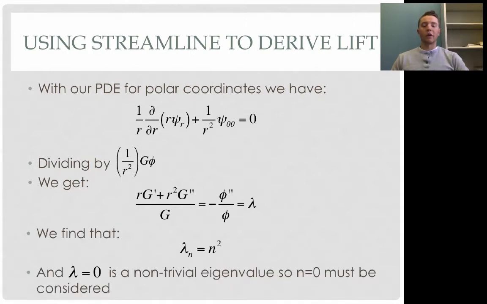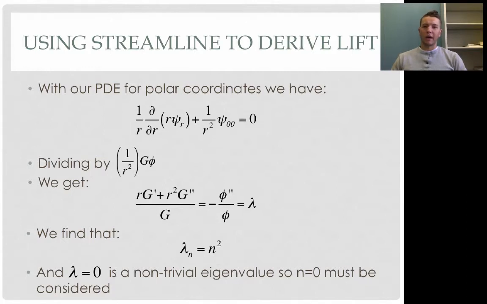If we go through the method for solving our partial differential equation, for our phi equation, we'll find that lambda n is equal to n squared. Again, we don't have time to go into that. That's a very general solution for an ODE if we're just talking about the phi portion. Lambda equals 0 is a non-trivial eigenvalue, so the integer n equaling 0 must be considered.